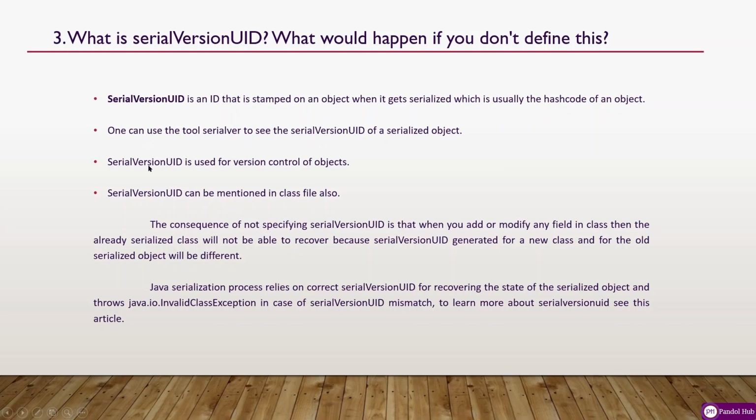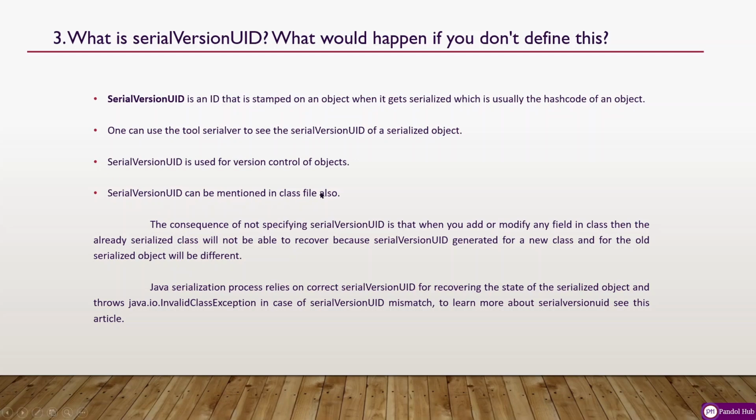The serial version UID is used for version control of the objects. For example, if you are serializing an object and you want to deserialize it, you can have an idea, based on the version UID, whether the object has undergone a change or not.